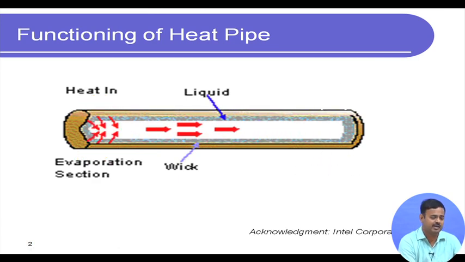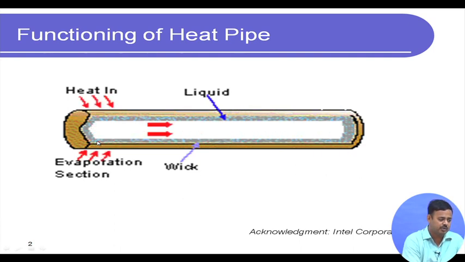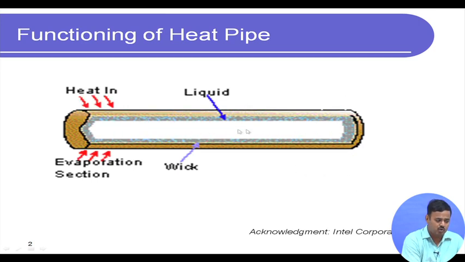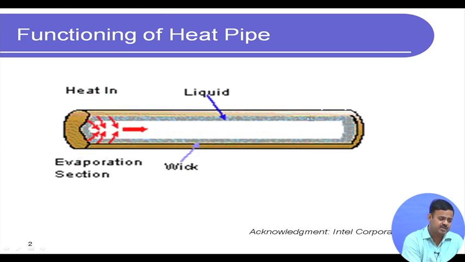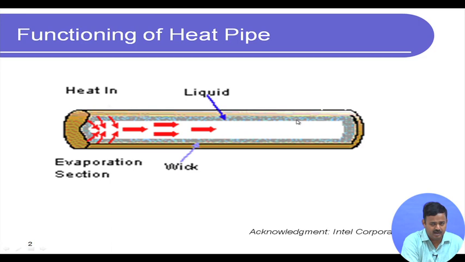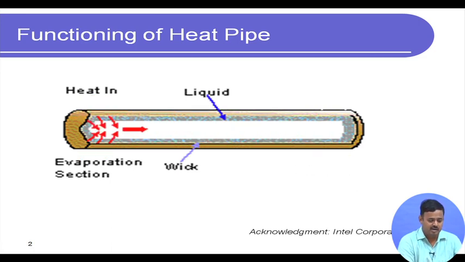Again I repeat, on one end we are supplying heat so that the few drops of liquid vaporize, the vapor flows along the hollow core to the other end where it is cooled, and therefore it condenses and converts back to liquid, and the liquid is driven back again to the heated end through the wick due to capillary action.